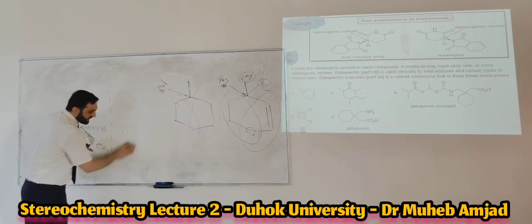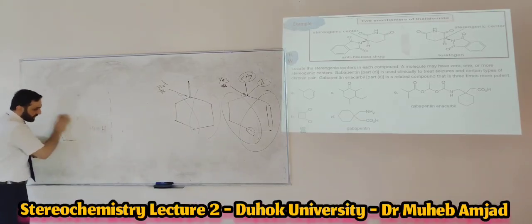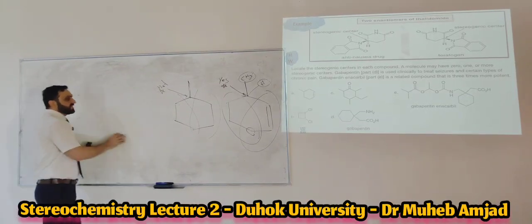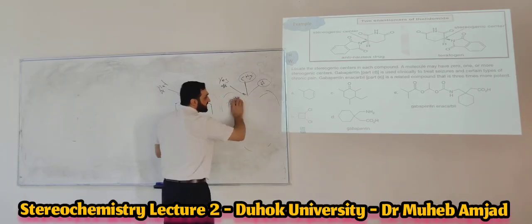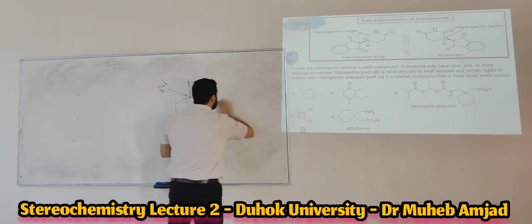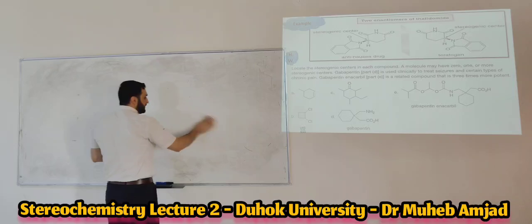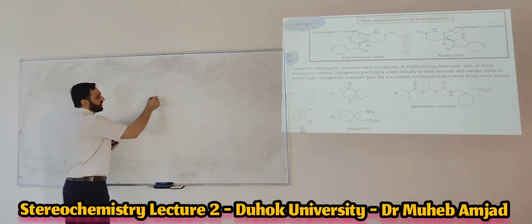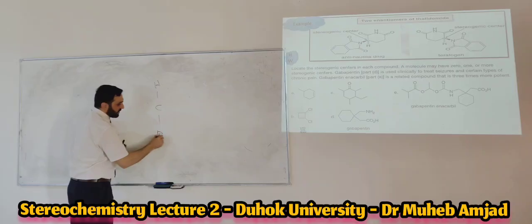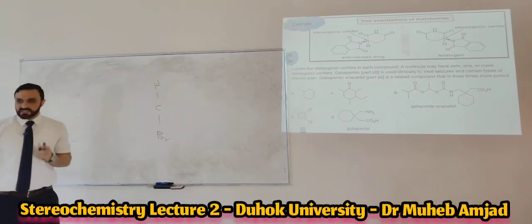As you test the aliphatic compound, you have to test the cyclic compound also. I always say you have to think about the groups, not the atoms. If I give you a carbon with hydrogen and Br, for example, just think about the group.